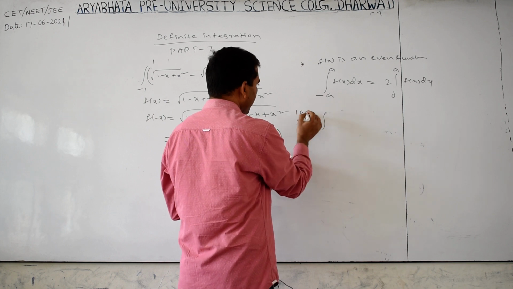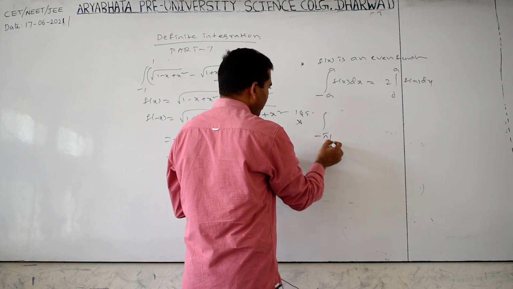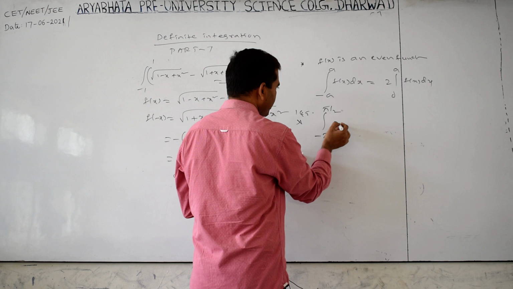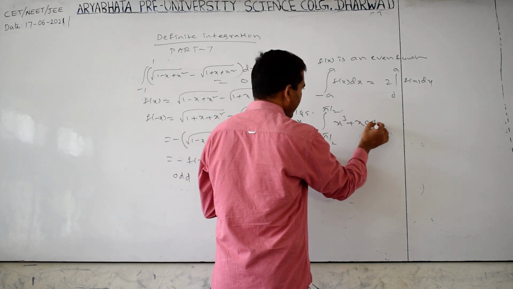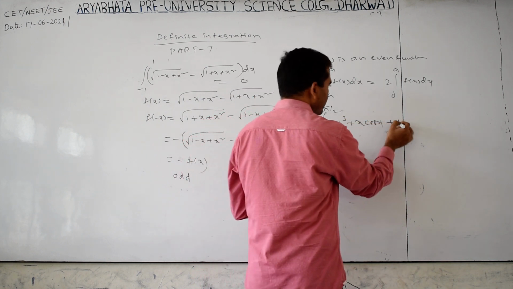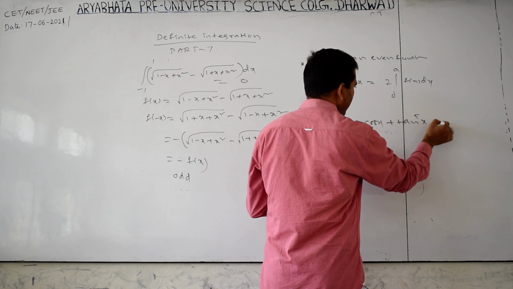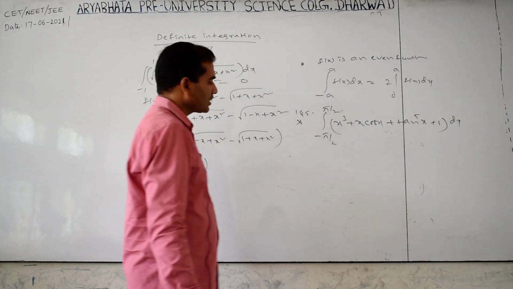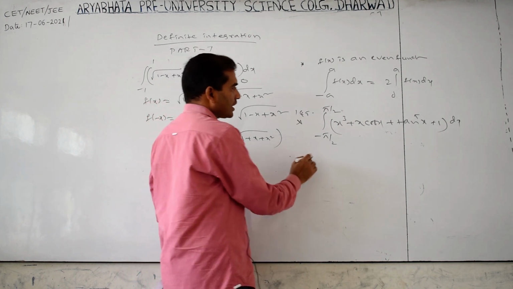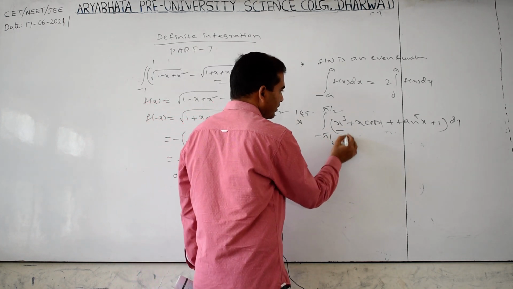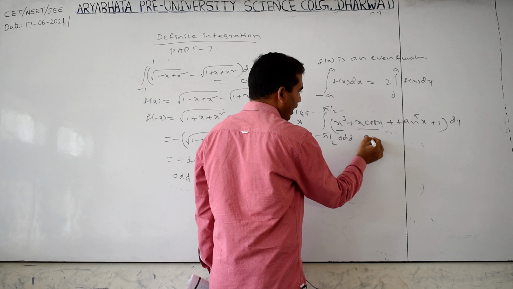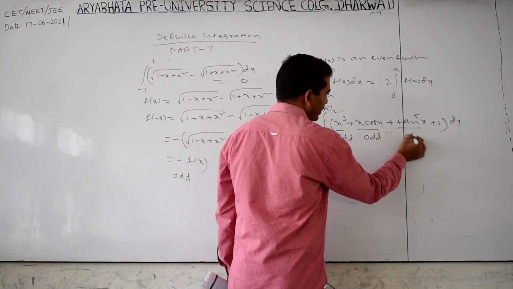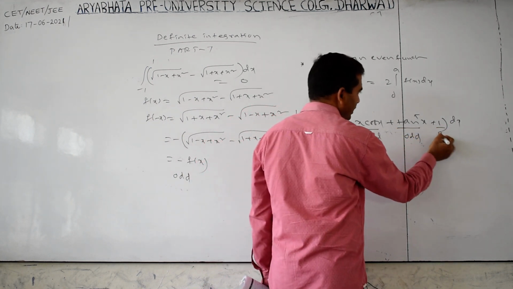Next, 145: the integral from minus pi by 2 to plus pi by 2 of x cube plus x cos x plus tan power 5 x plus 1 dx. Both have the same limits with opposite sign. This is odd, this is also odd, this is also odd, and the constant is even.